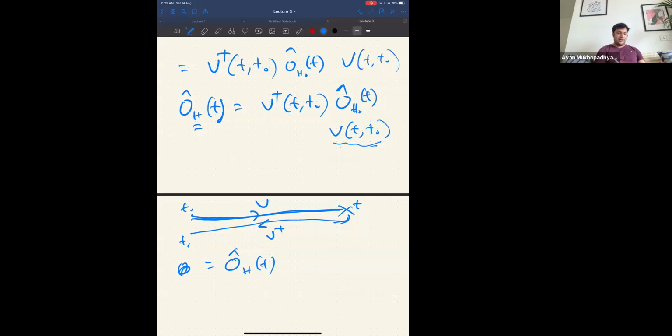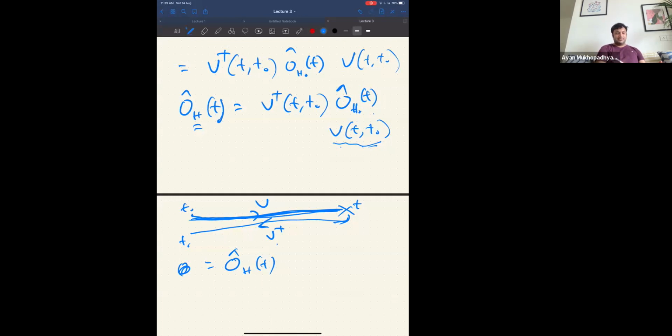It's like I'm going along this time contour from t naught to t, and then inserting this operator here, and then coming back. V dagger is basically back from t to t naught.